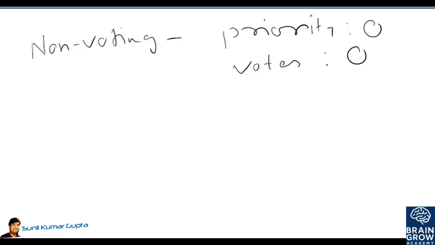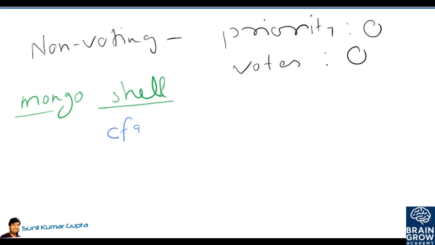So how do we do this when we have the Mongo shell open, while writing the configuration? Inside the Mongo shell, how do we write this configuration? For that we can use cfg equal to rs.conf.